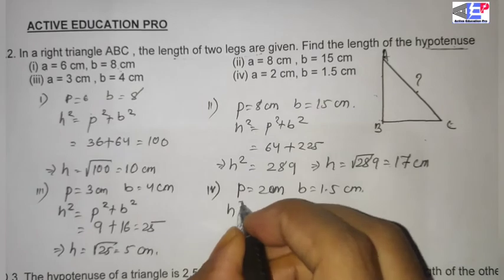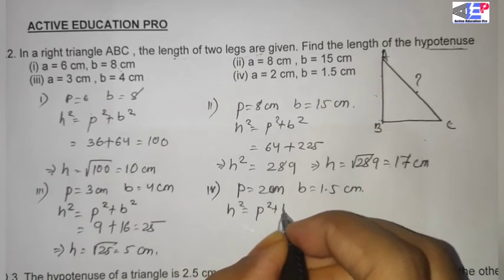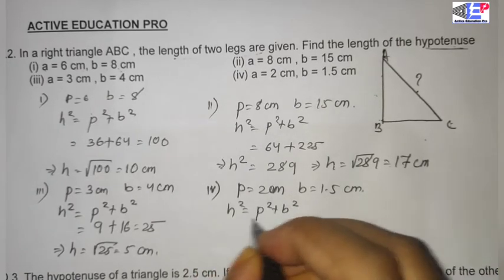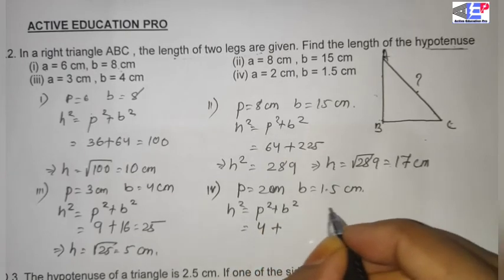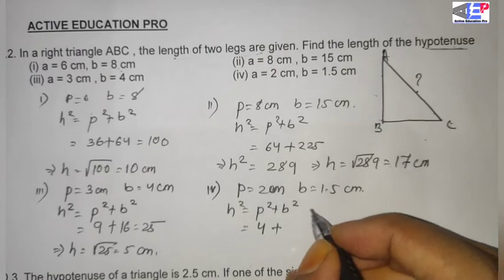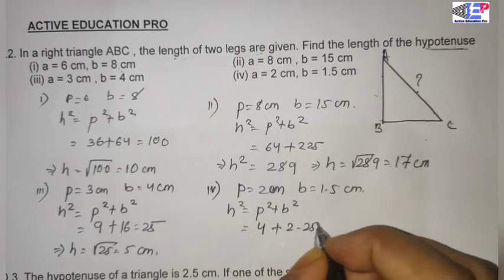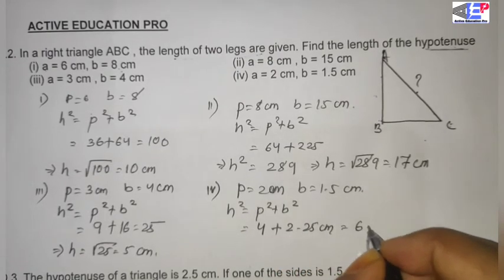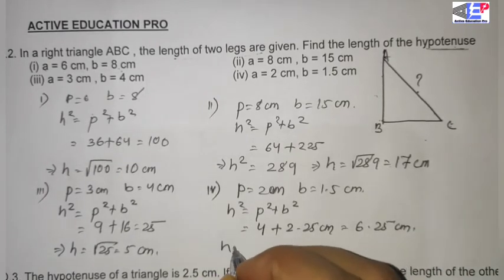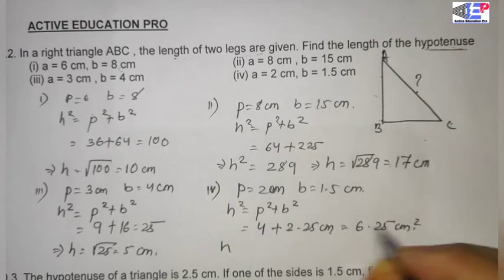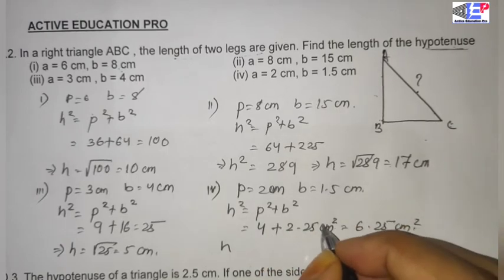So here H square is equal to P square plus B square, which is equal to 2 centimeter square, 4 centimeter square, and 1.5 centimeter square, it will be 2.25 centimeter square, which is equal to 6.25 centimeter square.